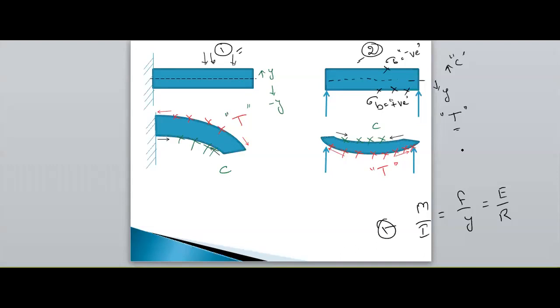Whether compression or tension arises as you go upward is what you need to take into consideration. With this, we can solve any type of problem using these two concepts. Using this formula and the concept of these two, I can solve any type of problem. The bending stresses in the beams can be solved easily.